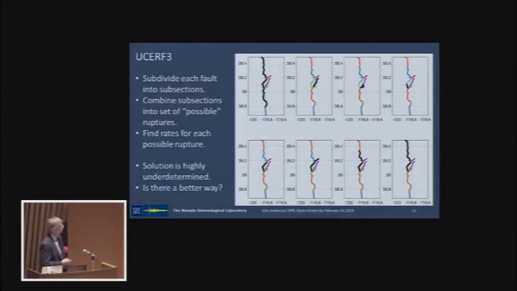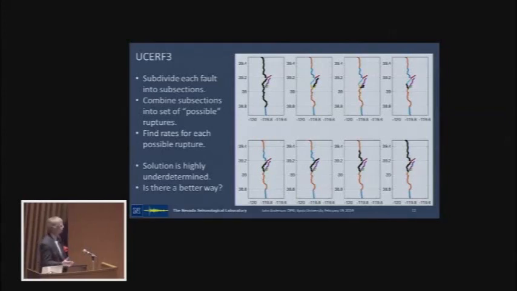For this fault system, I've given an example with the black lines, if you can distinguish them from the other colors, showing several different possible ruptures, and then try to find the rates of each of these possible ruptures. The problem with this approach is that the solution is extremely highly underdetermined. So I think we need a better way.